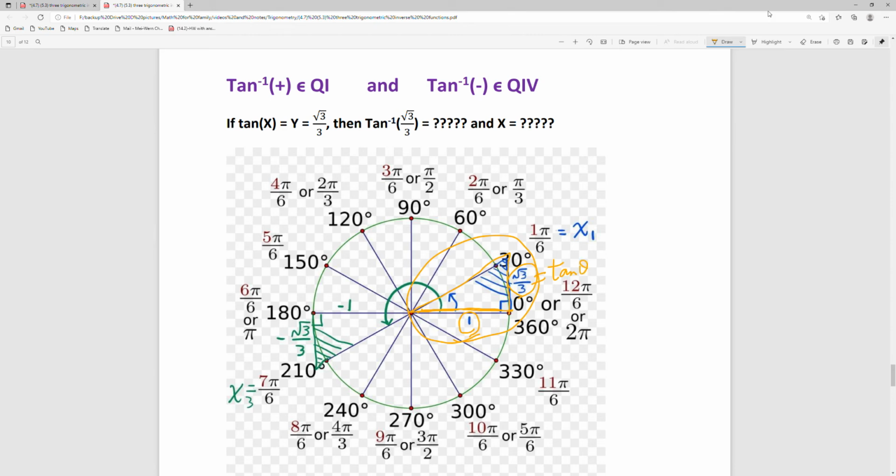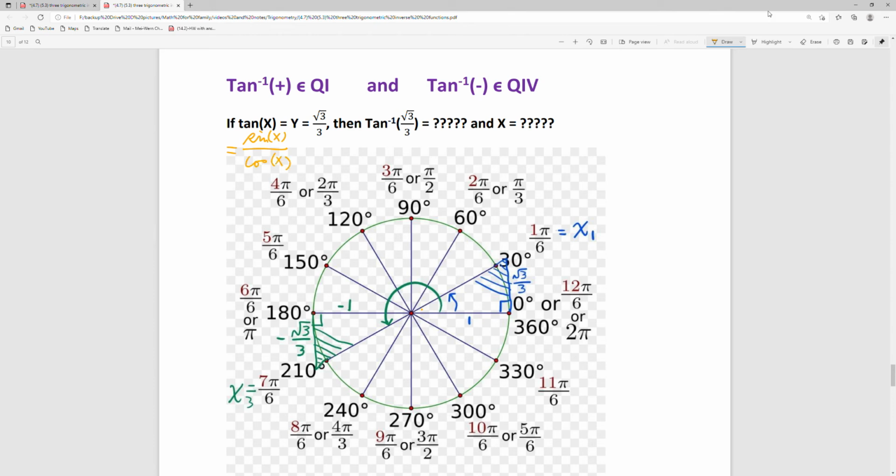Okay, let me erase those marks. If you remember, tangent is sine x over cosine x.